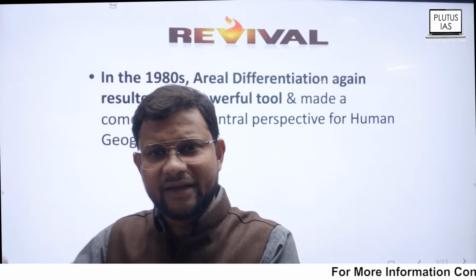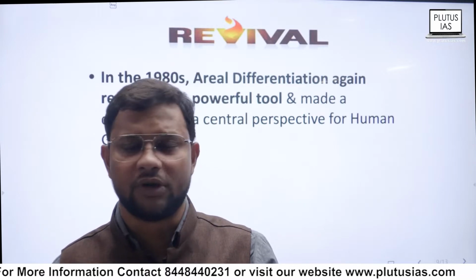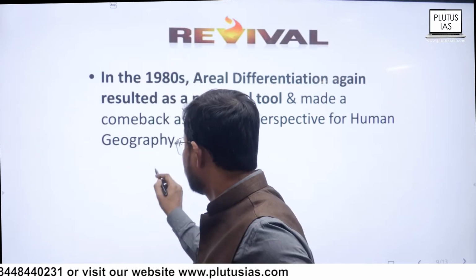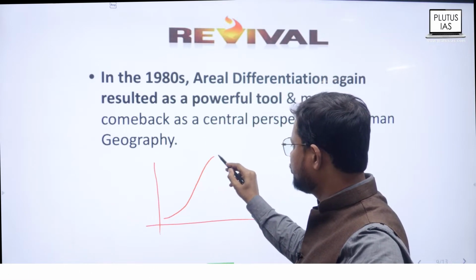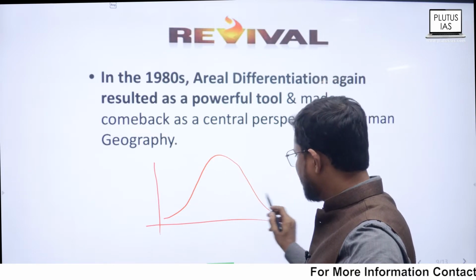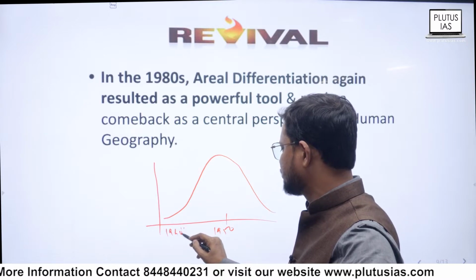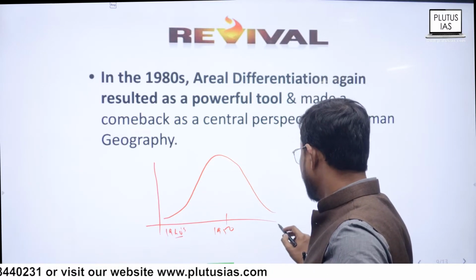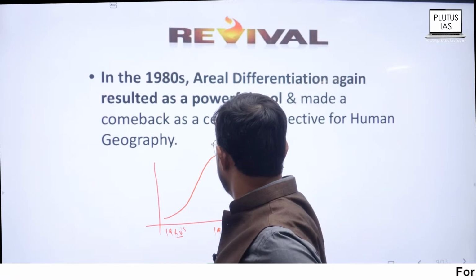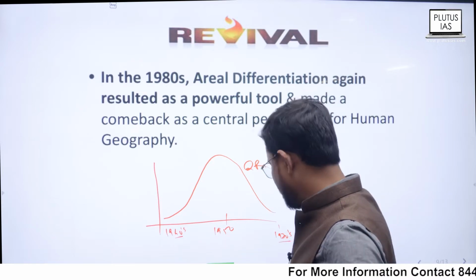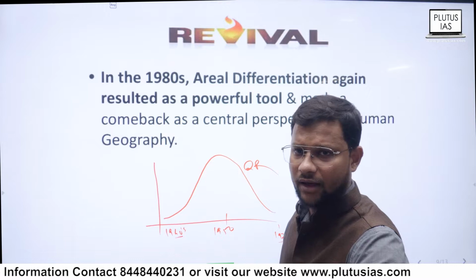क्योंकि वो एक ही trend चलता है, and you know that trend is to be followed by all scholars usually. So what happened? Say if you consider quantitative revolution was at its peak somewhere in the 1950s. 1940s में ये 30s 40s में, and in 1970s, by the end of 70s or that time, it somehow receded, okay, or ceased to exist as a very significant approach of geographical study.